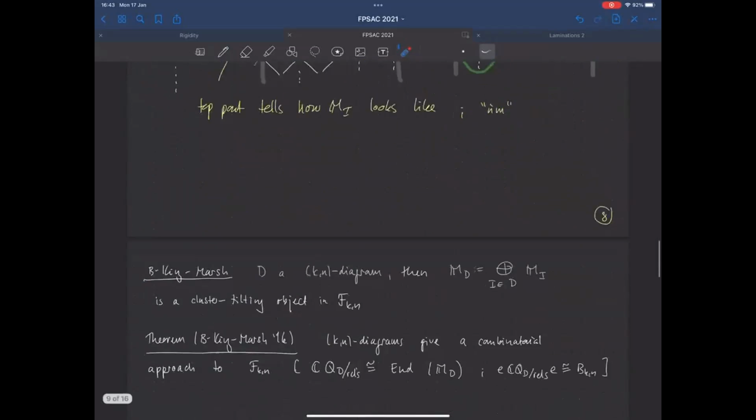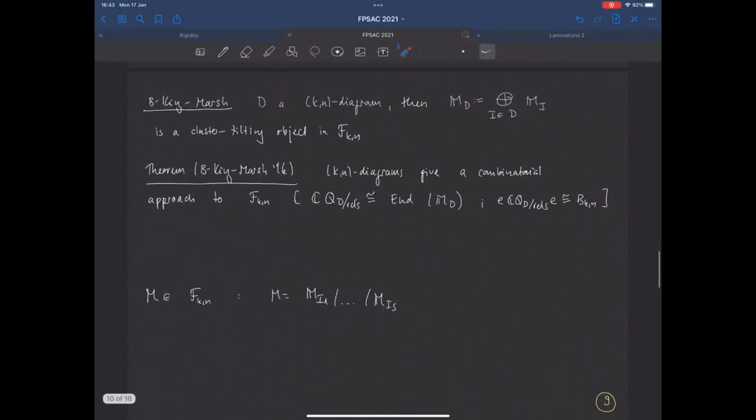Okay. So how can we use combinatorics to understand this category? Right now it's been described quite abstractly, but we can use these Postnikov diagrams or alternating strand diagrams. Let me take one of these diagrams, and then I get a collection of K subsets. For each K subset, I have a rank 1 module, one of these nice modules, and I just take the direct sum.